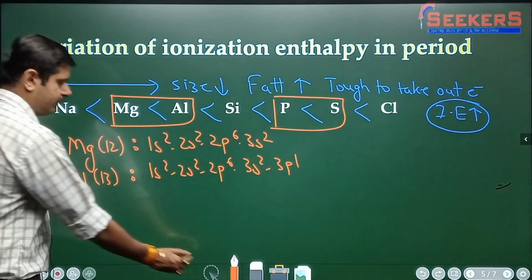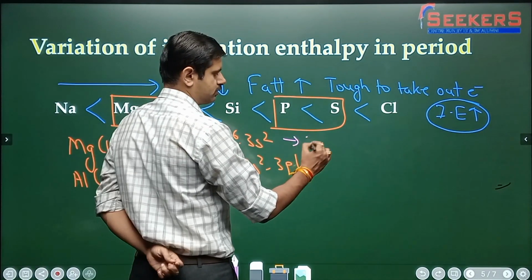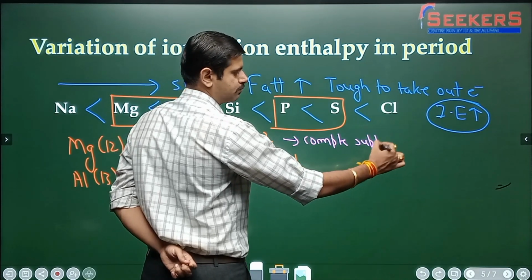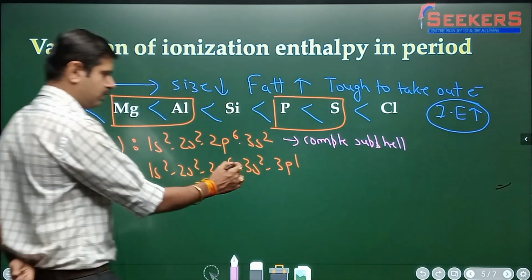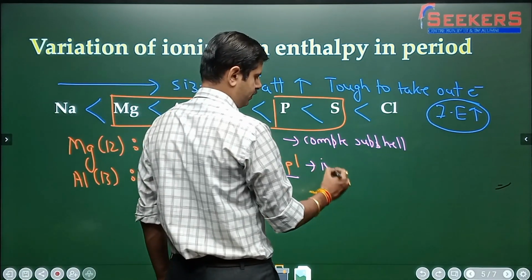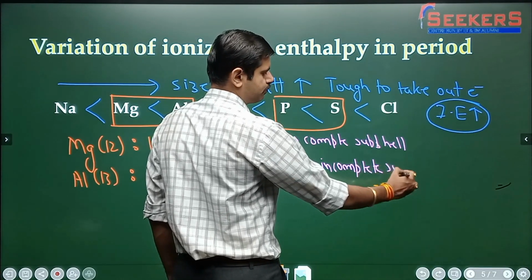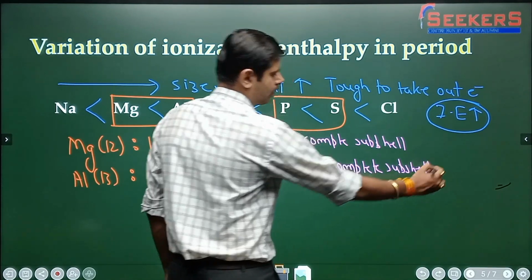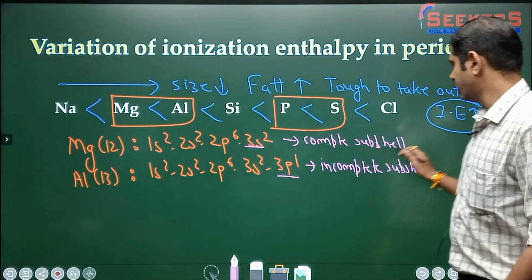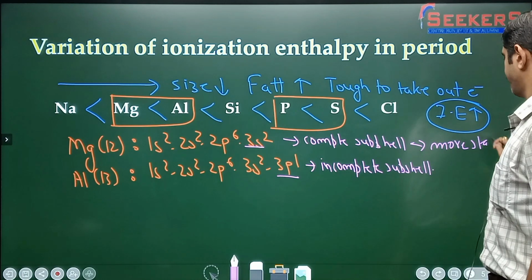Now what happens? See, magnesium has a complete subshell, while aluminium has an incomplete, or partially filled, subshell. Because magnesium has a complete subshell, it will be more stable.